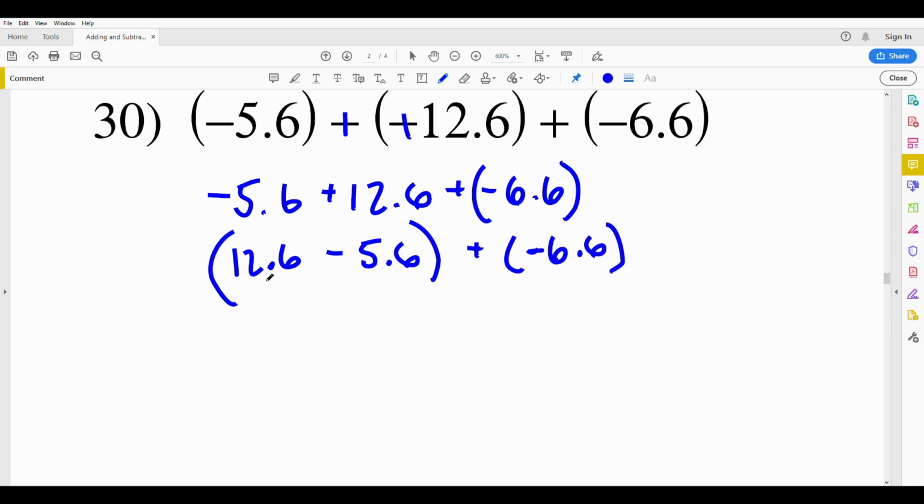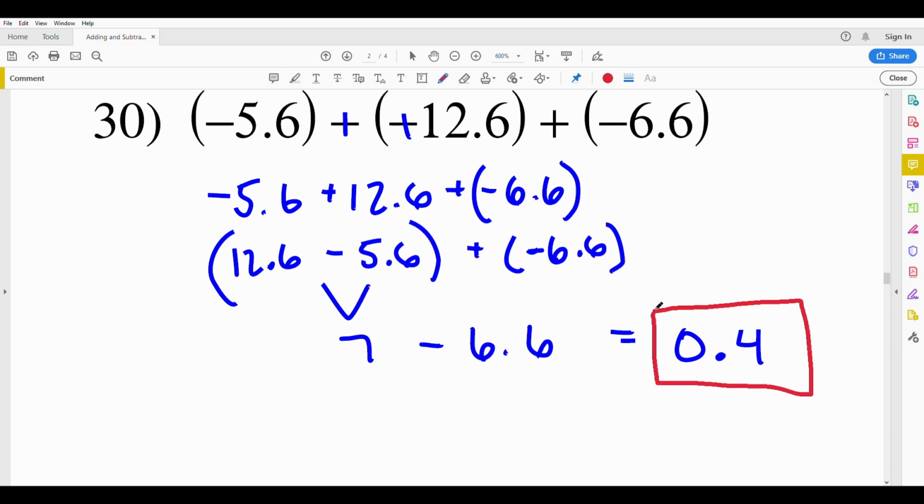So 12.6 minus 5.6 is going to be 7. So I'll have 7 plus a negative 6 and 6/10. But again, remember, adding a negative is the same as subtracting a positive. So I can write this as 7 minus 6 and 6/10, which we know is 0.4 or 4/10. So 4/10 is my solution in number 30.